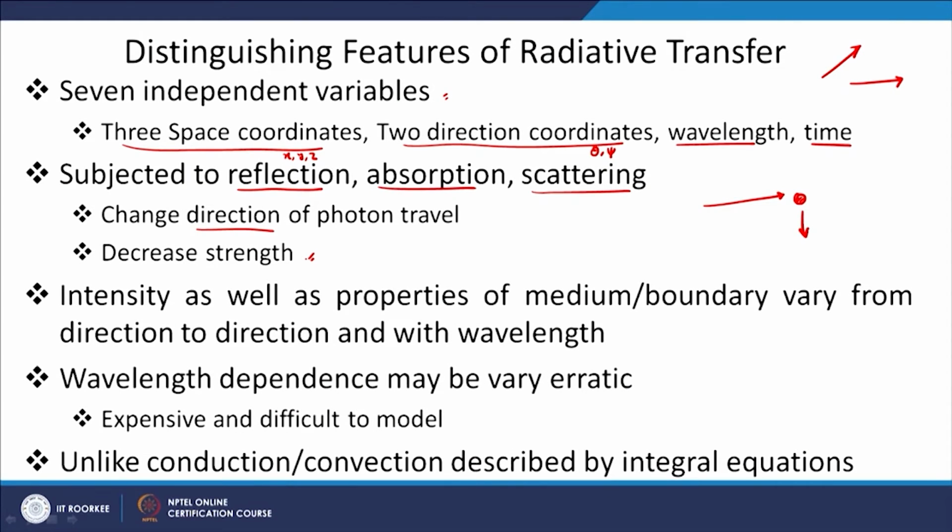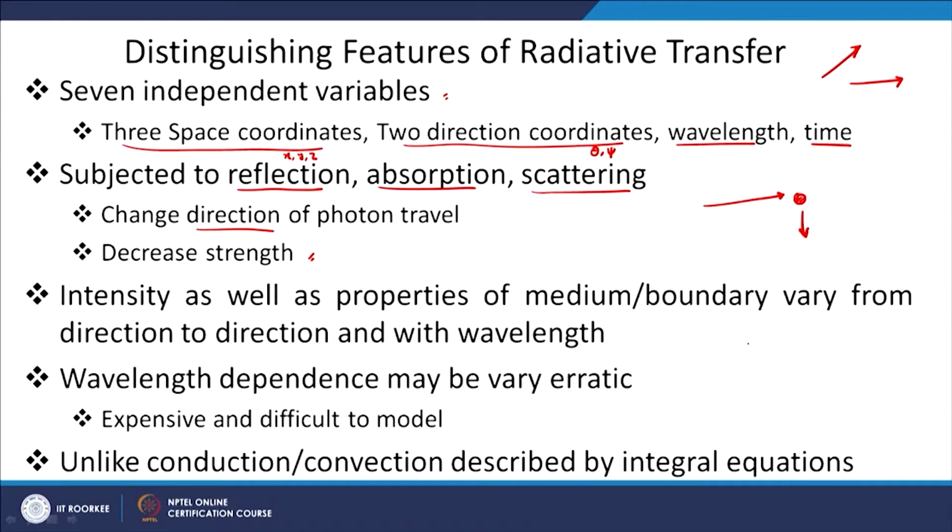reflection, absorption and scattering. The other challenging part is that the properties of the medium and the boundary vary with direction as well as wavelength. So, let us say we have a surface, and we want to find out the amount of radiation emitted from this surface. Now, this emitted energy depends on wavelength.